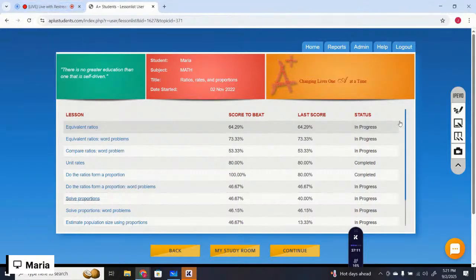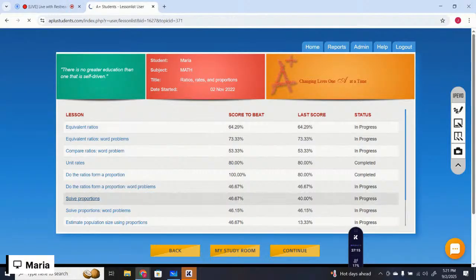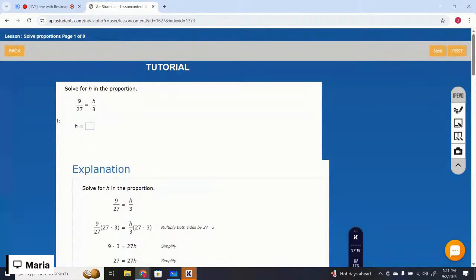The next lesson is solve proportions. Let's just start with it.